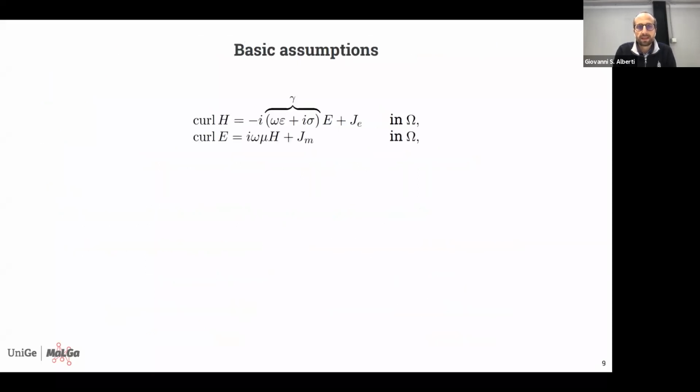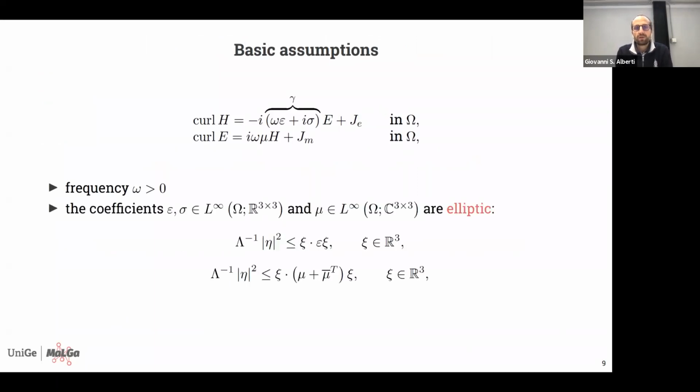And before doing that, let's go through quickly the assumptions we make. The first assumption is just the frequency omega. This is just a positive number, so this is easy. Then we assume that all the coefficients here, so epsilon, sigma, and mu, are matrices, bounded and elliptic. And elliptic means that, as I was mentioning before to Marco, they are coercive.